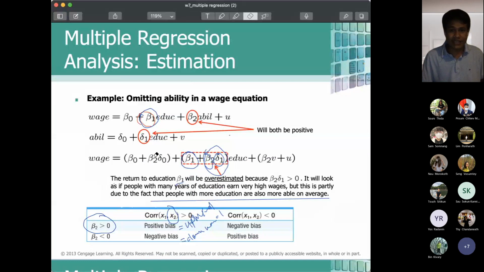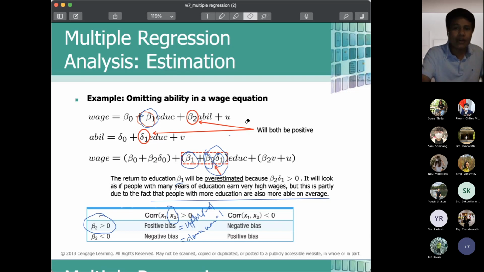So last week, we discussed that, for instance, in this wage equation, again, everyone, we want to estimate the effect of education on wage. But we know that ability is an important component that affects education and wage. Normally, if you estimate the effect of education on wage, you need to include ability, because normally, people who have higher education have higher ability, and also those who earn higher wages also have higher ability.